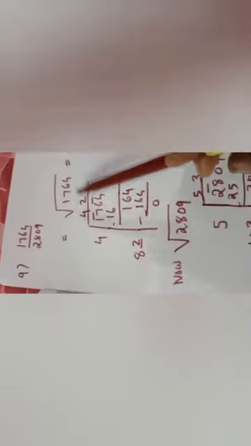Subtract, 0. Okay, so the square root of 1764 by 2809 is equal to 42 by 53. The square root of 1764 is 42, and the square root of 2809 is 53. So the answer is 42 by 53.